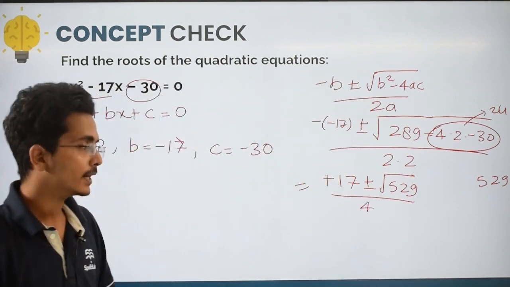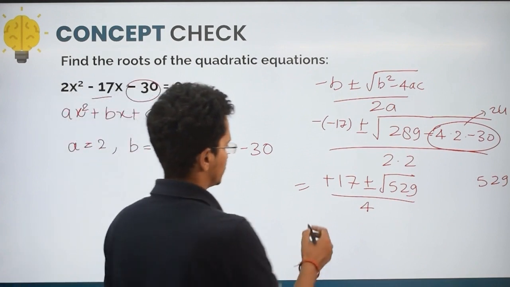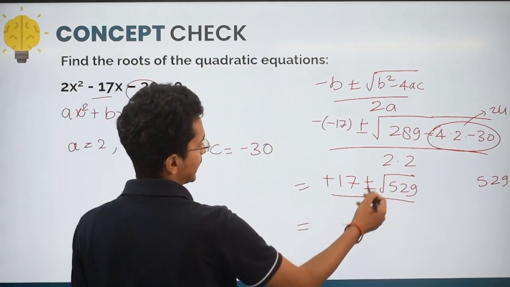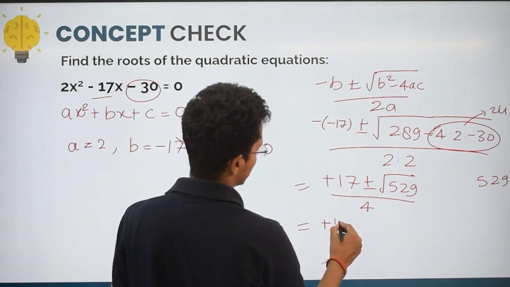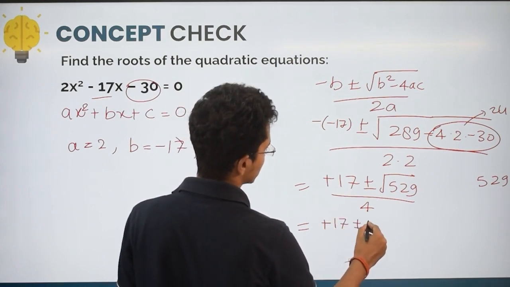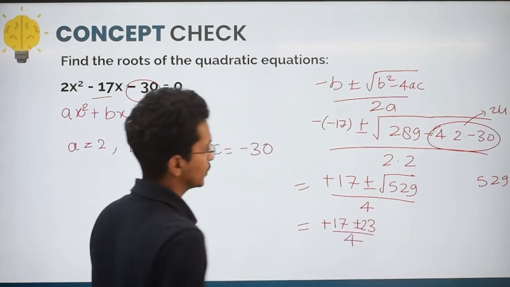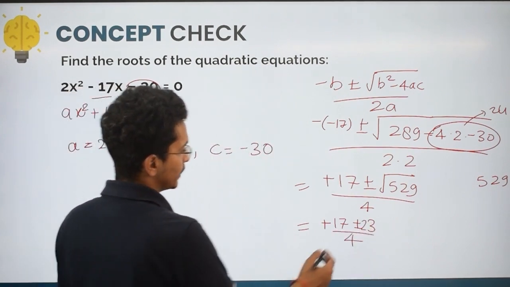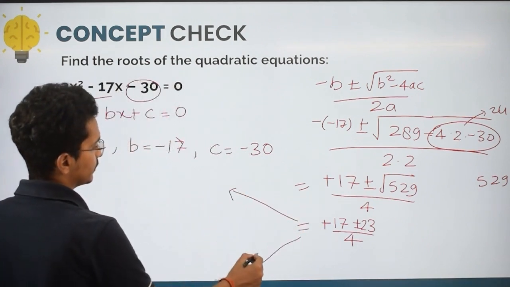When you will find under root 529, if you will take the square root of 529, you will get 23. So your answer is plus 17 plus minus 23 upon 4 over here, okay? Now you can find the two roots for this, one with plus sign and the another with minus sign.